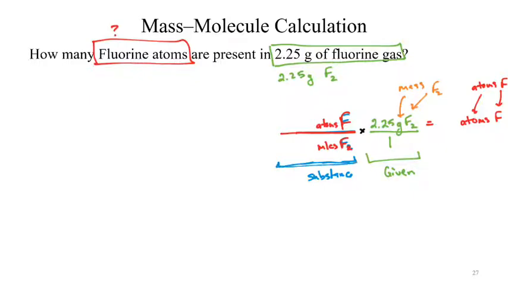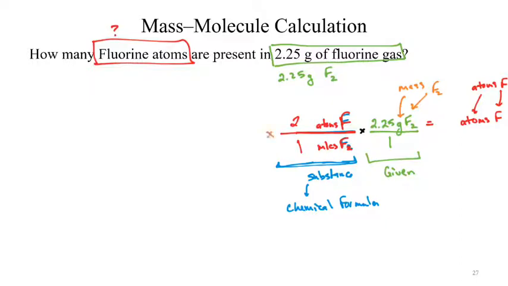So now how do we set that up? Or where do we find that? Well, that substance conversion is found in the chemical formula of F2. There are 2 atoms of F in every 1 molecule of F2. This should set up a problem for us because, yes, this gets us atoms of F, but we've introduced this new unit of molecules of F2 that doesn't convert with anything.